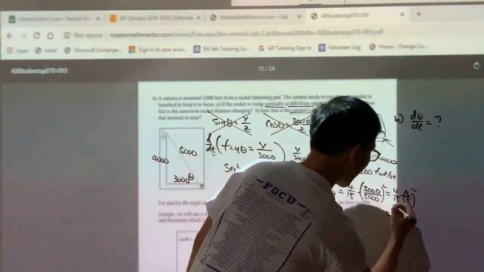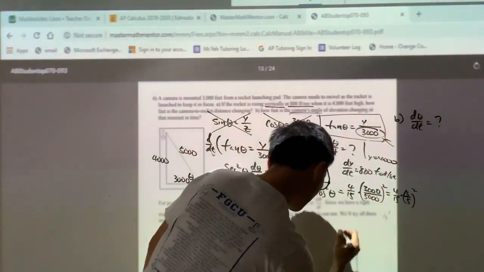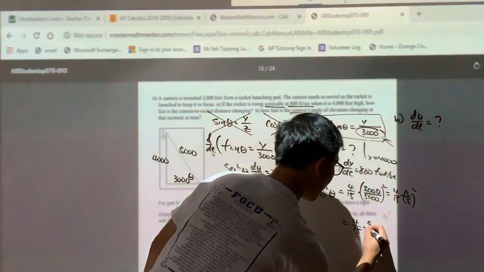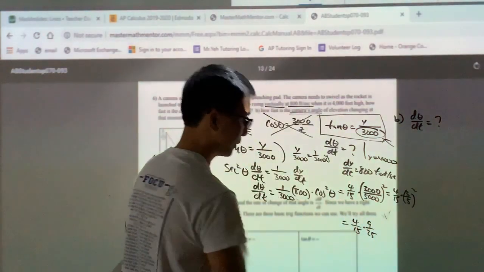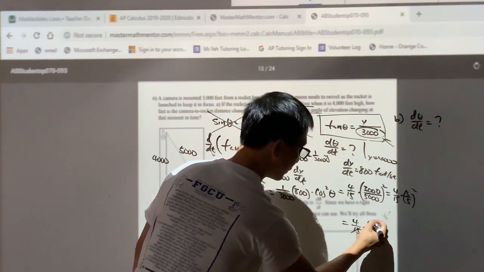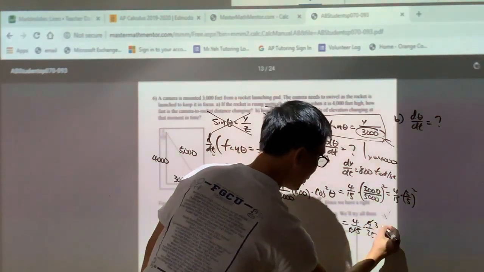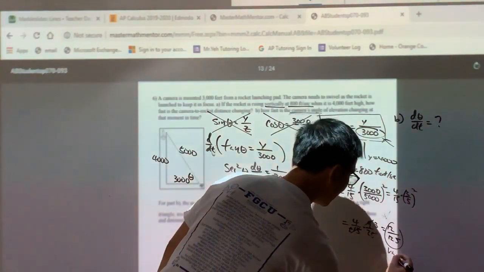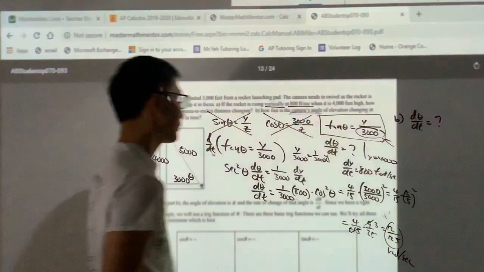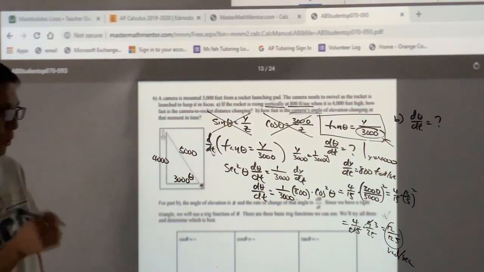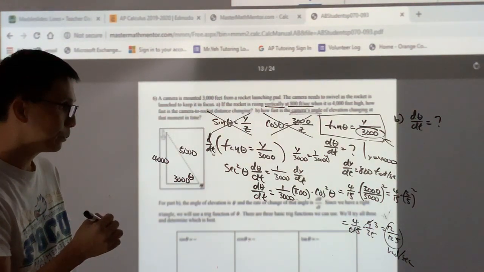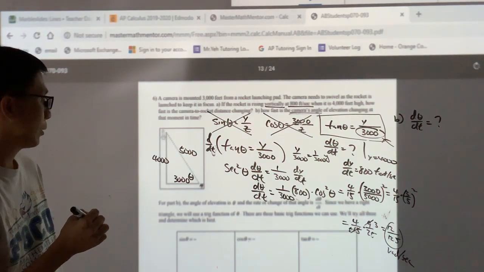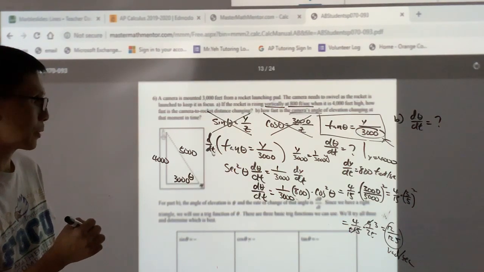That's equal to 4 out of 15 times 9 over 25. I'm going to simplify this, so with the 5 and 3, it'll be 12 out of 125. That's radian per second. So in this case, it's 12 over 125 radian per second. So hopefully that is okay.